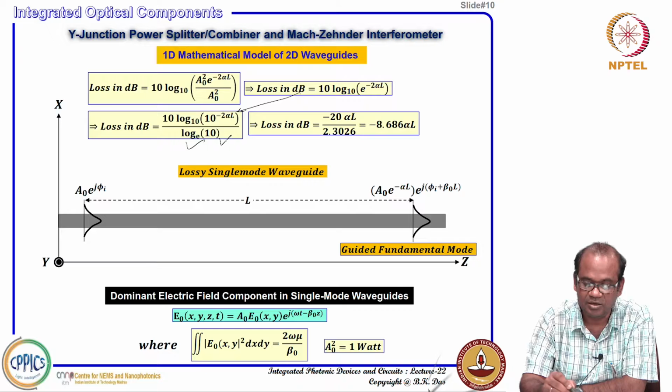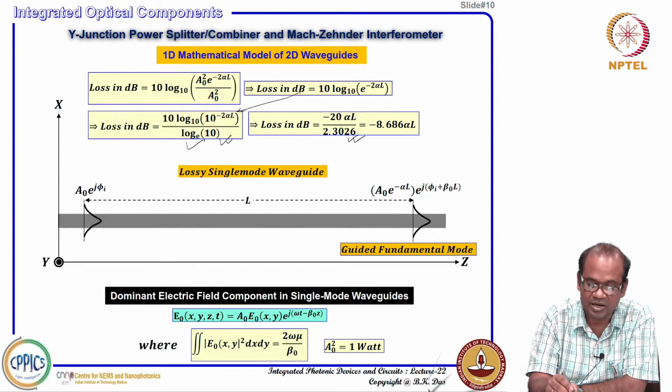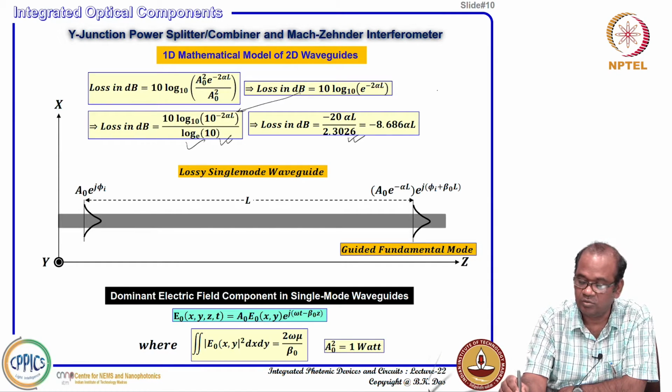This is a simple logarithmic relationship. Log of 10 to the base e comes to 2.3026, and log base 10 of 10 to the power of something x is basically x.